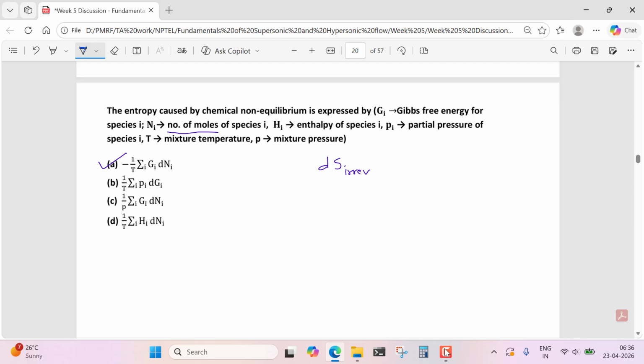Now we'll see another problem. The entropy caused by chemical non-equilibrium is expressed by, where Gi is the free energy for species i, Ni is the number of moles of species i.